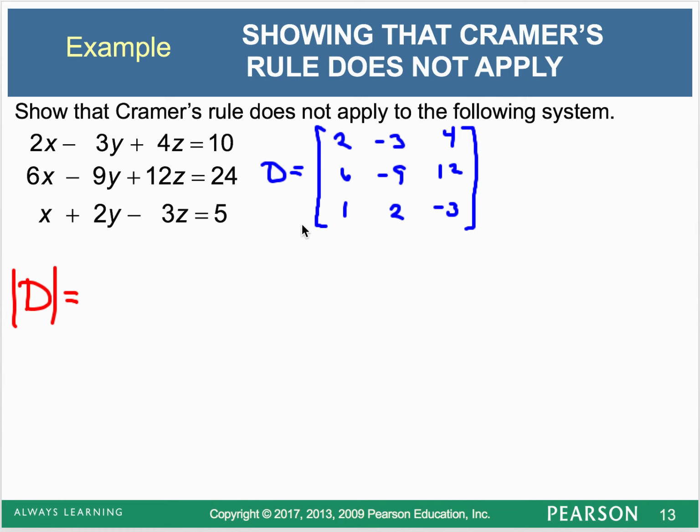This time I'm going to go across this row. So plus, minus, plus. I'll have a 1, and then discarding that row and column, we'll have negative 36 plus 36.